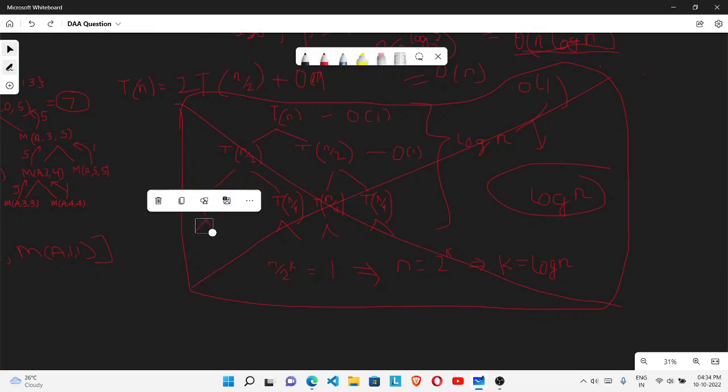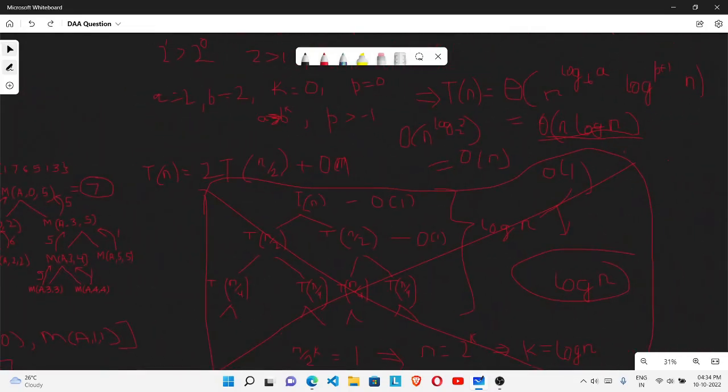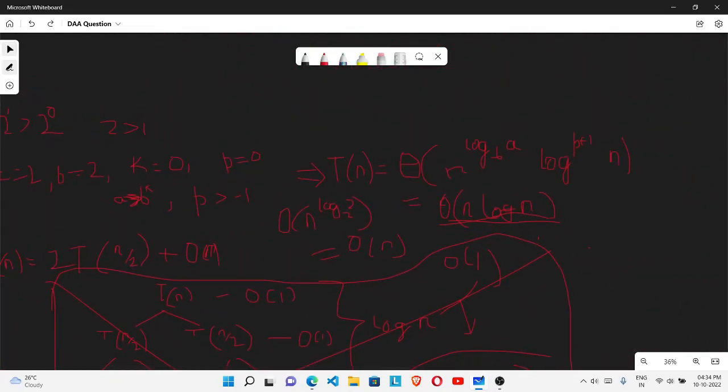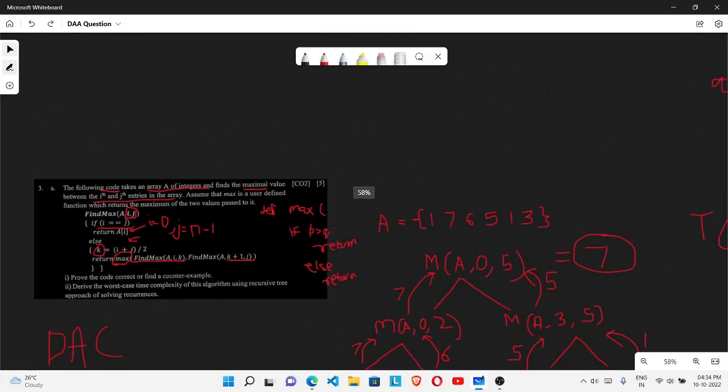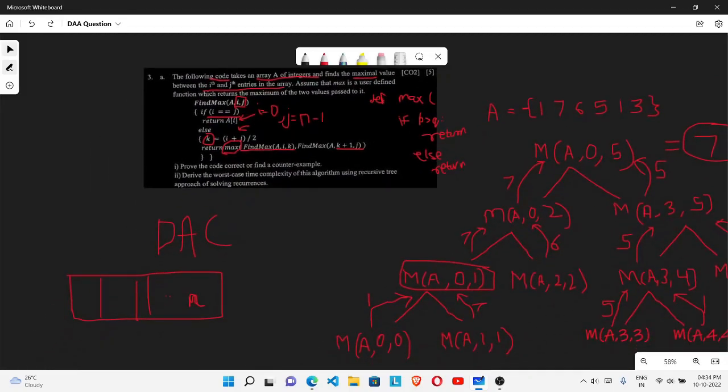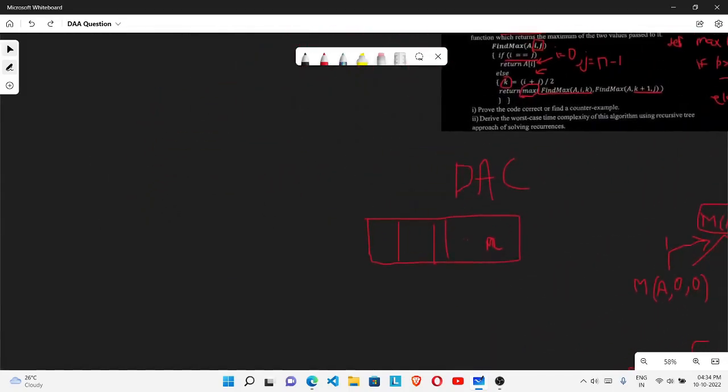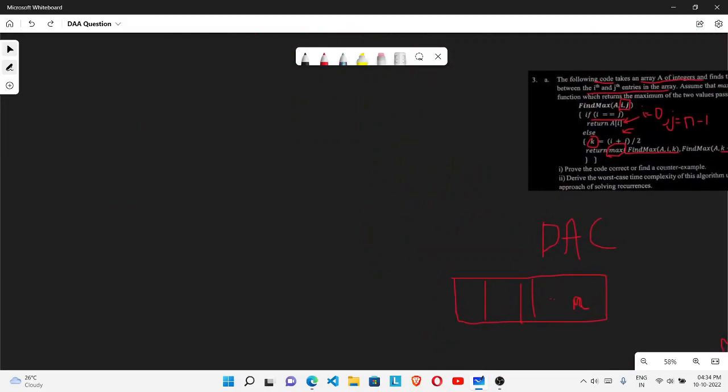Using master theorem, we got a linear answer, right? Big O of n using master theorem. So I don't know about the recurrence tree. I think I can do it using the substitution method also quickly. So the recurrence relation was T of n is equal to 2T of n by 2.